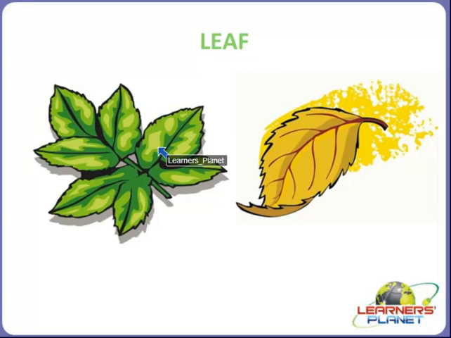It is the flat green plant that makes food for the plant. So, children, we can see here that this is a green leaf and this is a yellow leaf. The green leaf shows that this is a very young plant, and the yellow leaf shows that this leaf is very old.